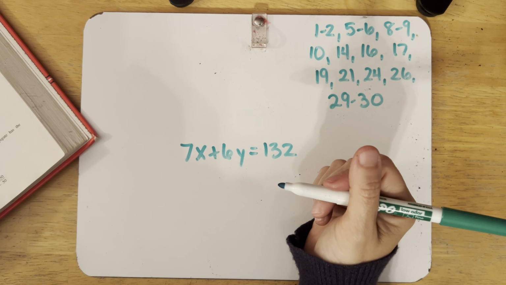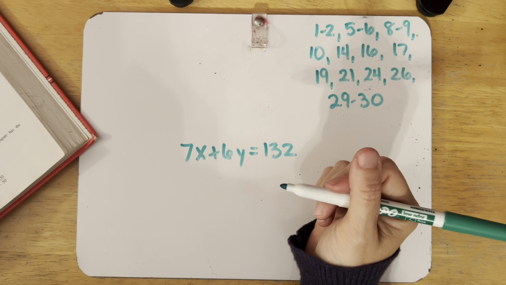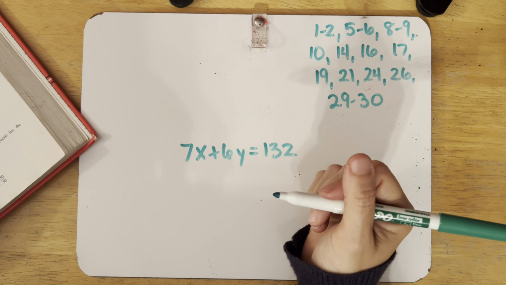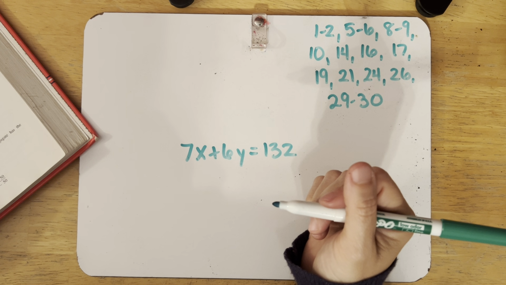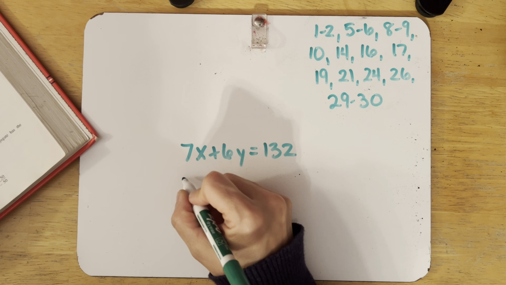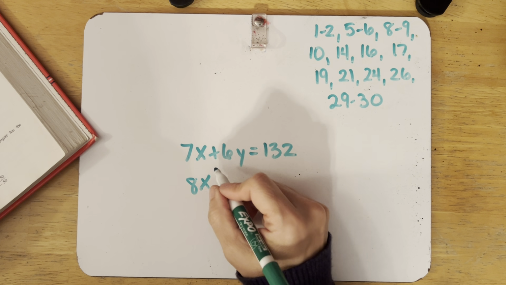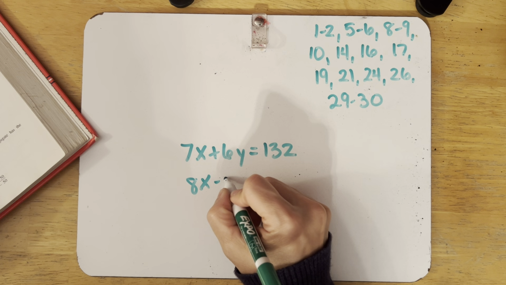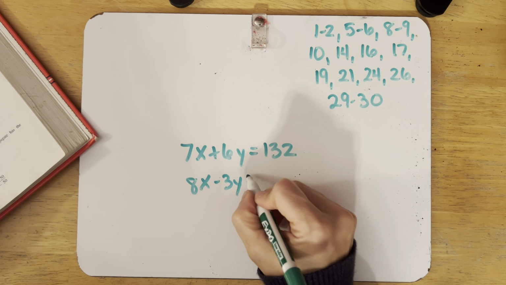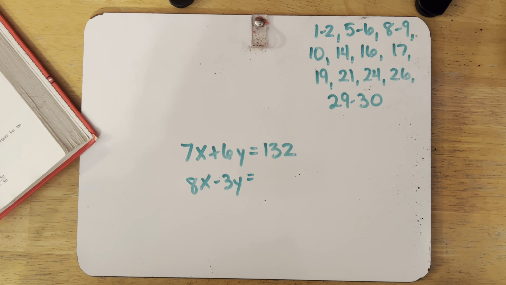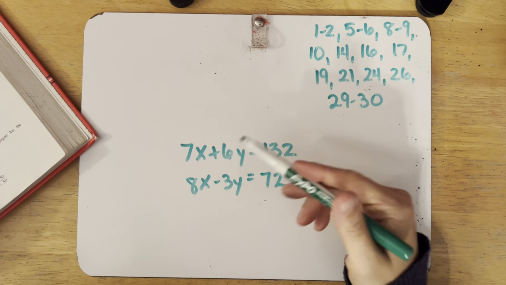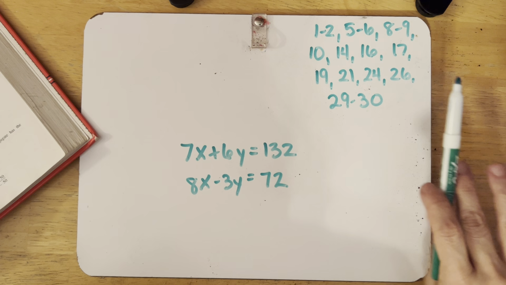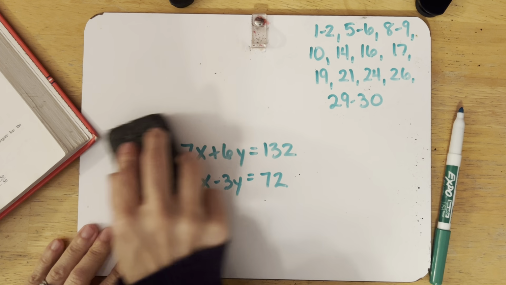And then for the fractions, my common denominator is 12. So I need to multiply 2 by 4. So 8x minus 3y equals 6 times 12 equals 72. All right, now you need to just solve for those. So however you want to do that, elimination or substitution.